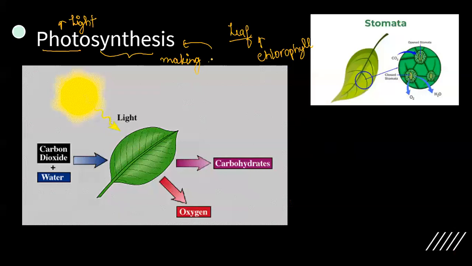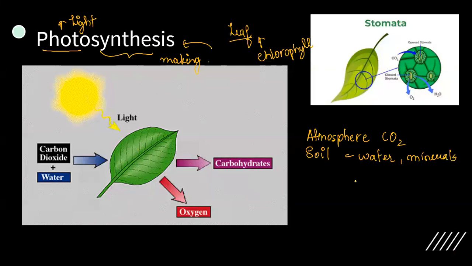So how does photosynthesis actually take place? The atmosphere has carbon dioxide. The soil contains water as well as other minerals.